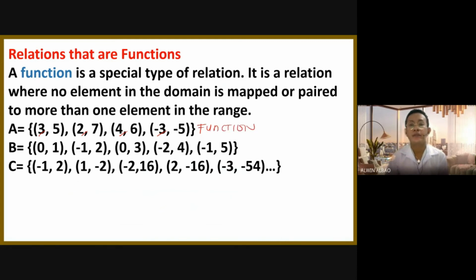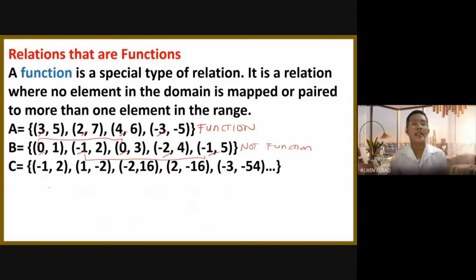Okay? Next, set P, we have 0, negative 1, 0, negative 2, and negative 1. So kung mapapansin natin, naulit si 0, naulit din si negative 1. So therefore, this set of ordered pairs is not a function.